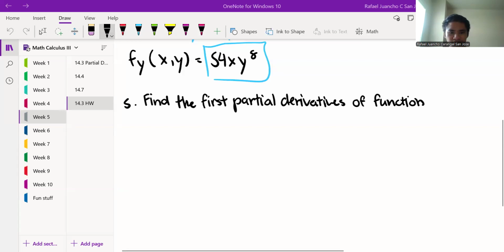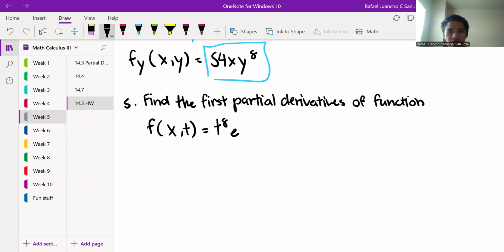So the function was, now this is f of x, t, right? So it's just a different variable. Like it doesn't matter. Here we have t to the eighth, e to the negative x. So here we have an exponential.